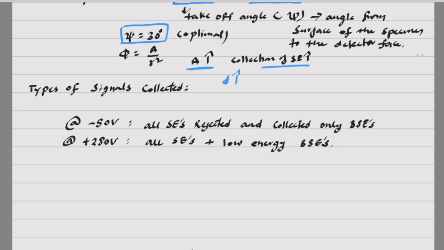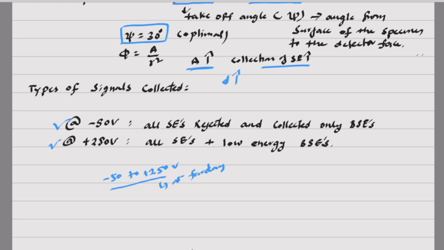Further, we apply about minus 50 to plus 250 volts at the Faraday cage. Depending on the bias voltage we apply, collection of either SE electrons or BSE electrons can be done. At minus 50 volts, all the secondary electrons are rejected and only low energy BSE electrons are more effectively collected by the ET detector.